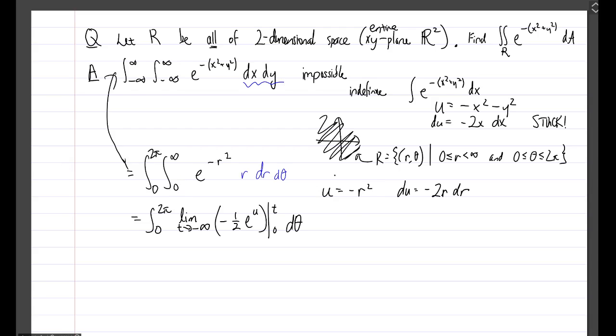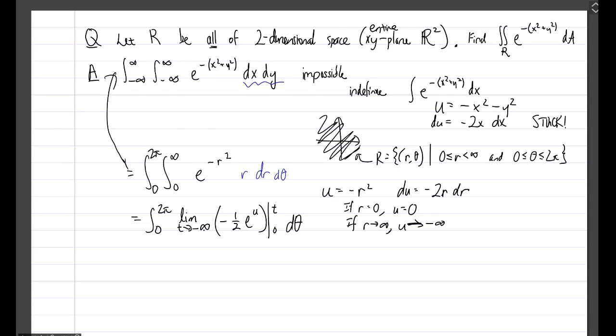If r is equal to 0, then u, plugging in here, is negative 0 squared, so it's still 0. Now, if r goes to infinity, take a look at what happens to u. Take a huge number for r, square it, and stick a minus sign in front. u goes to, not equals, u goes to negative infinity.